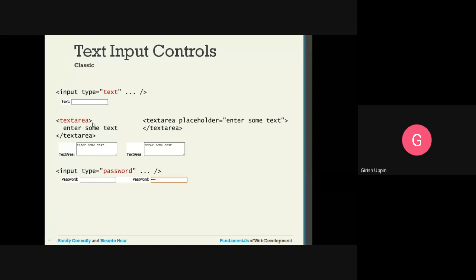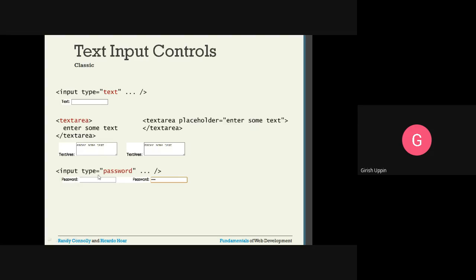You can say textarea opening tag and textarea closing tag, and whatever text you include in between will be given as the initial value to that element. Another way of doing the same thing is an attribute called placeholder. Textarea, then placeholder equal to whatever text you provide, it will come as the initial text, and then you have the closing textarea.